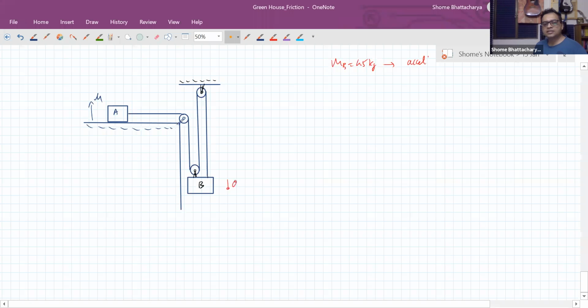So this has some acceleration AB, let's say. This has some acceleration A. Now you can see that on these three tensions, a single tension is acting. So you can see that acceleration of A will become 3 times acceleration of B. This you'll understand from the constraint relation, thread length conservation. Here there will be kinetic friction acting, which is mu N.